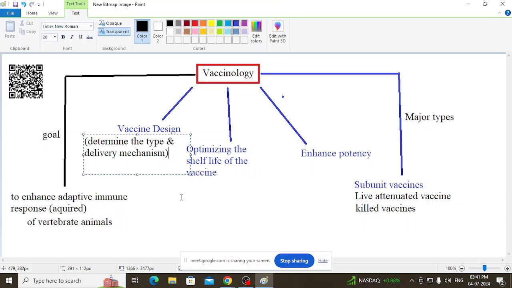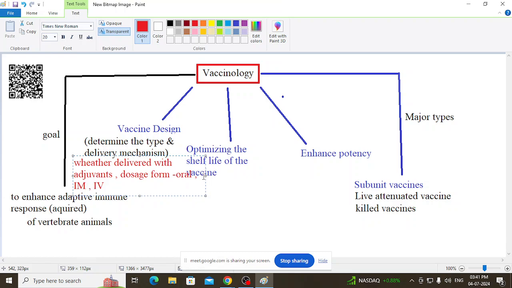When we talk about delivery mechanism, whether it is delivered with adjuvants or just like that, or the route of delivery, for example, whether it will be injected or oral, the mode or form of the vaccine, dosage form, such as whether it will be delivered orally or IM or IV.